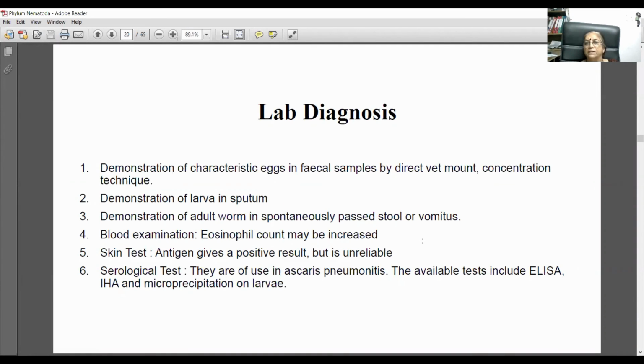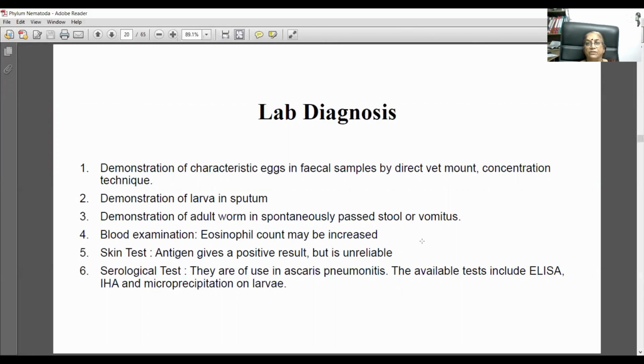Take a little loop full of sample on a slide, put a cover slip, and by hanging drop technique or just by direct technique also, you can demonstrate the eggs.